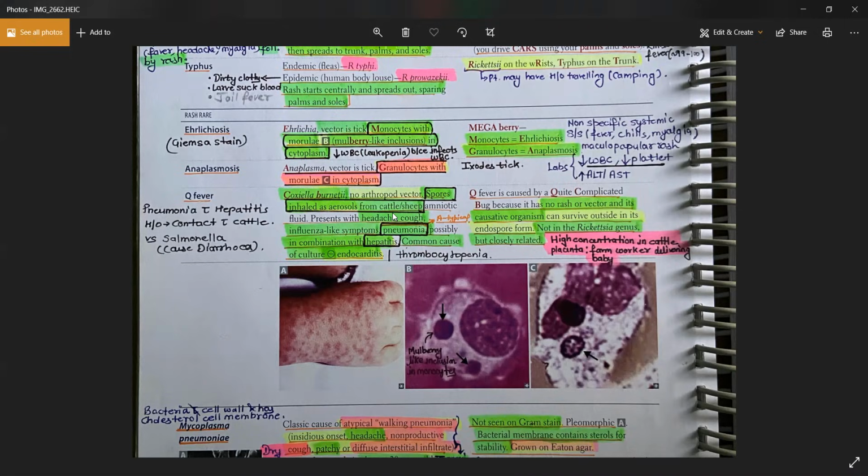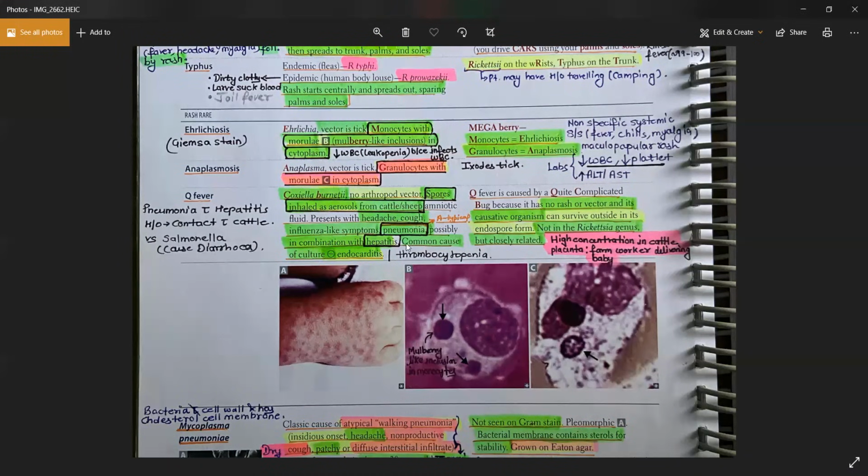Okay, and yeah, so what symptoms will you get? You will get pneumonia. Okay, atypical type pneumonia, you will get a dry cough, you will get shortness of breath, you will get the involvement of both of the lungs that you can see in the X-ray, the patchy consolidations in both of the lungs, and plus you will get the liver involvement, the hepatitis, you will get hepatomegaly, you will get high ALT, AST count, okay, high LFTs.